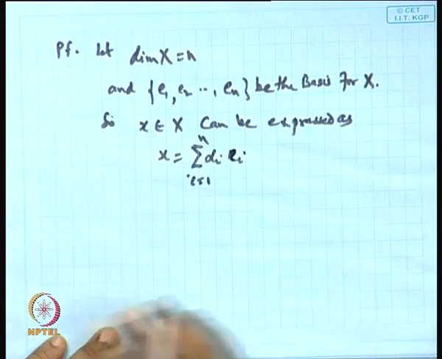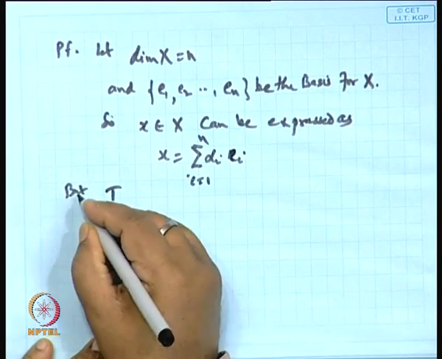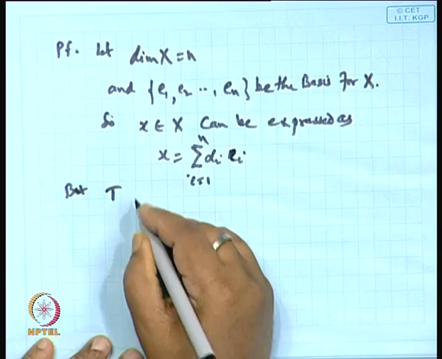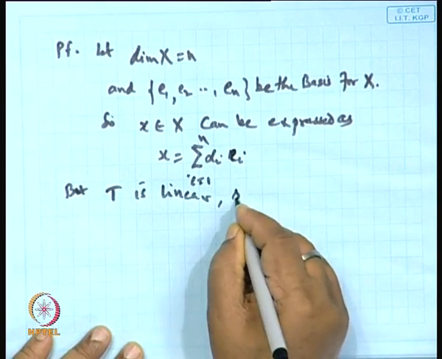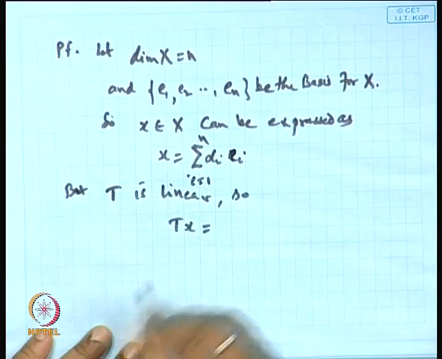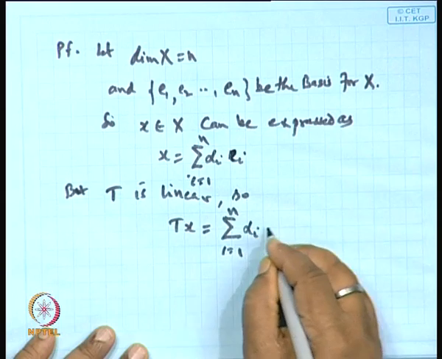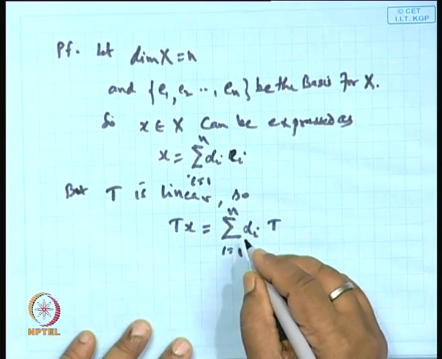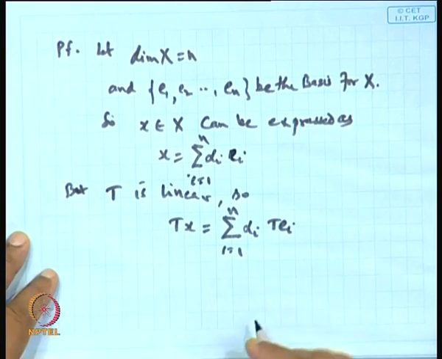Okay. But T is linear, T is linear. So, the image of x under T becomes sigma i equal to 1 to n alpha_i T(e_i), T of e_i. Okay.